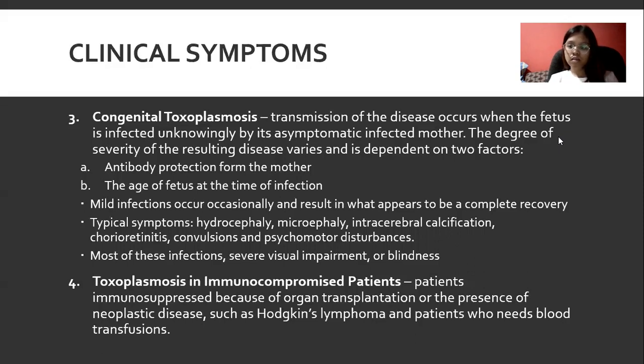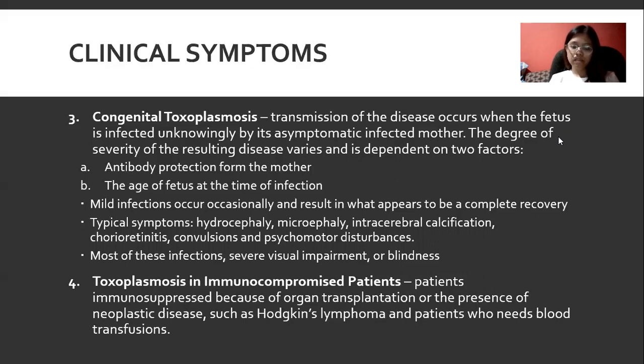Pero usually, ang congenital toxoplasmosis has symptoms including hydrocephaly or mas maliit pong ulo, microcephaly, intracerebral calcification, chorioretinitis, convulsions, and psychomotor disturbances. In most of these infections, severe visual impairment or blindness can also occur.